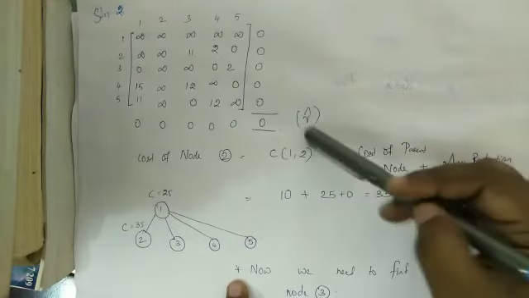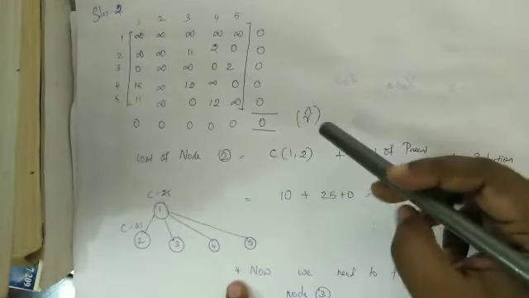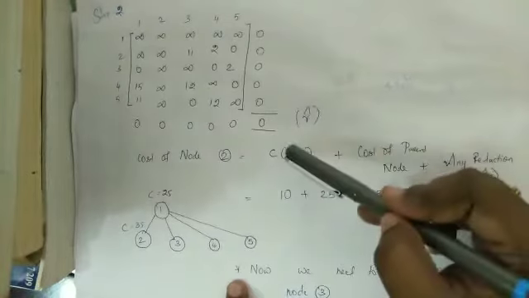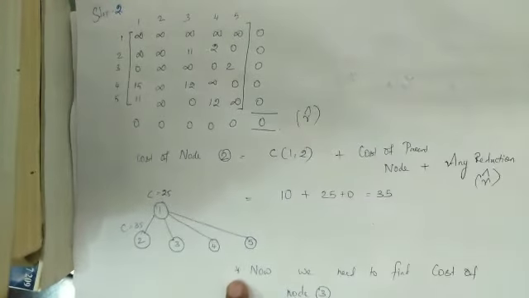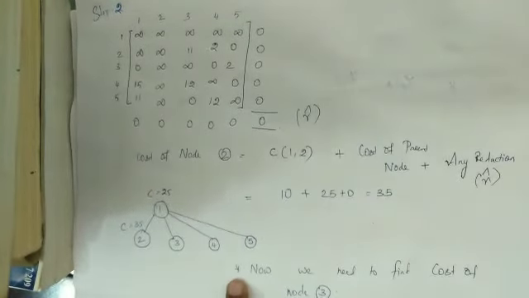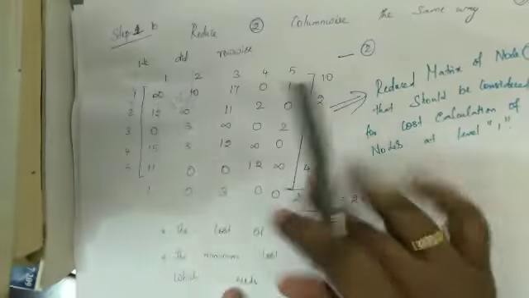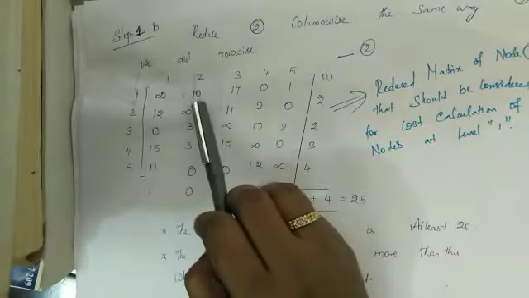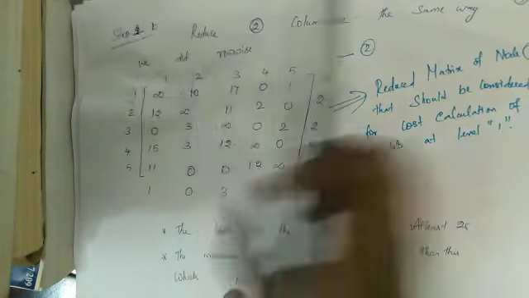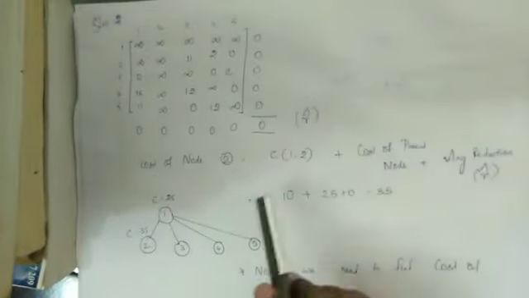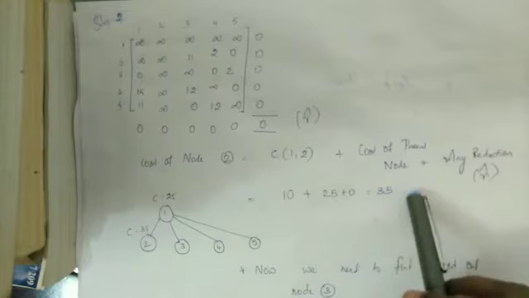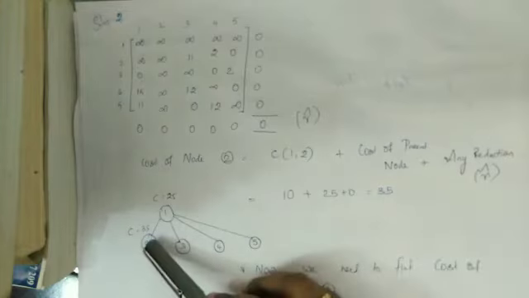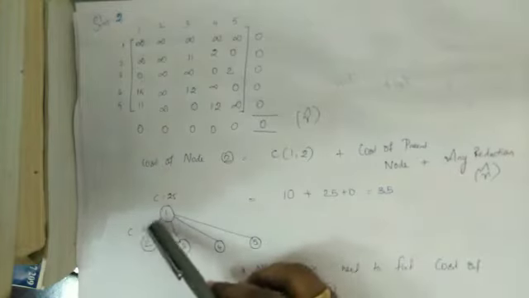The cost of traveling from 1 to 2 is 10, which we can identify from this reduced matrix. So 10 plus 25 plus 0 is 35. So this is the cost of node 2, which is 35.